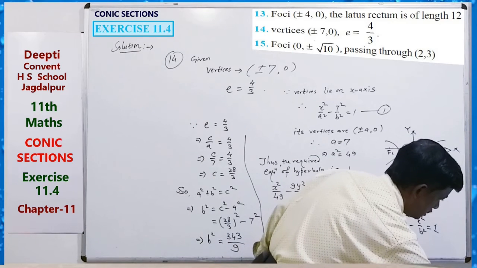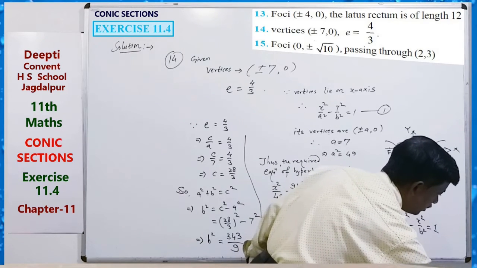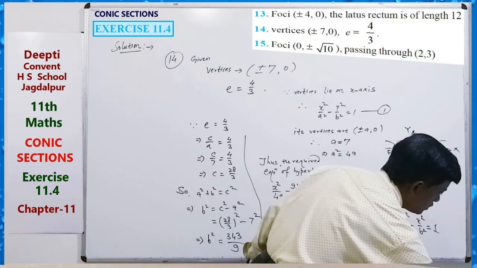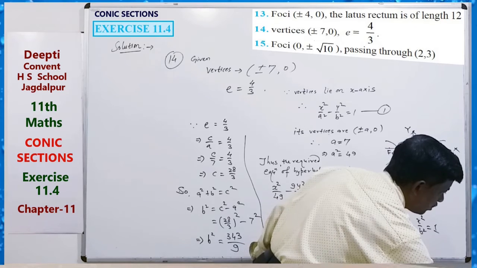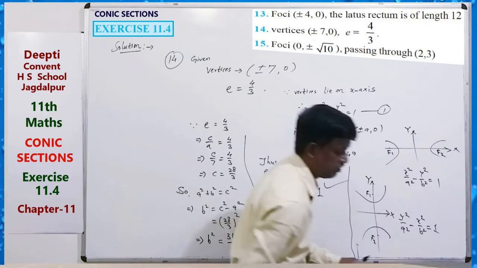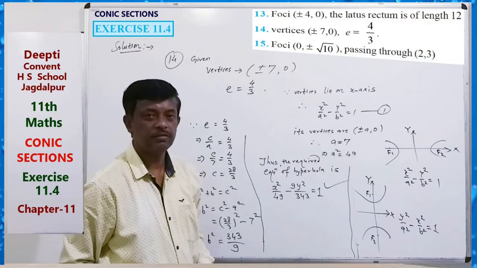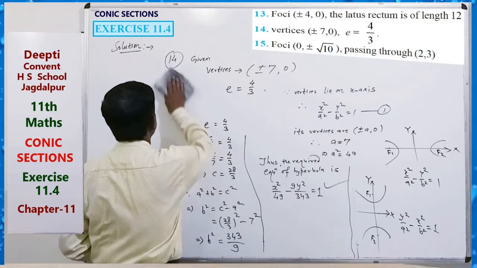As similar questions, here not eccentricity is given, here only passing through a point is given. Question 15: foci is given here.